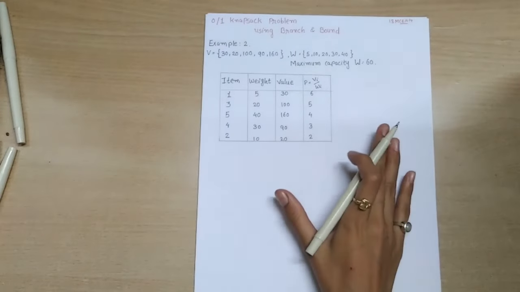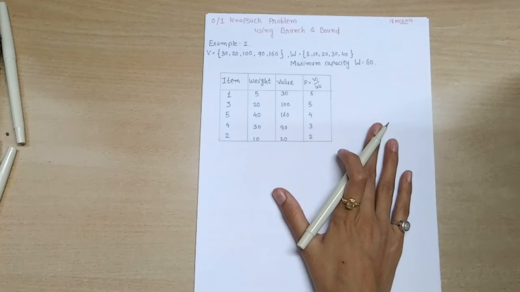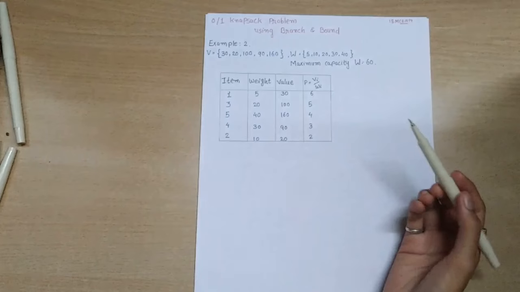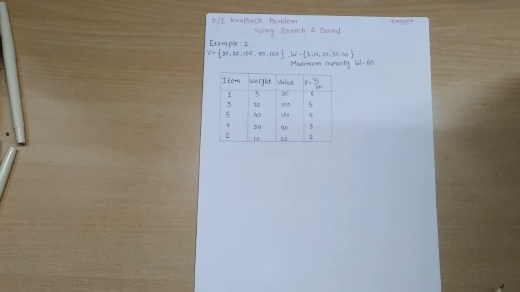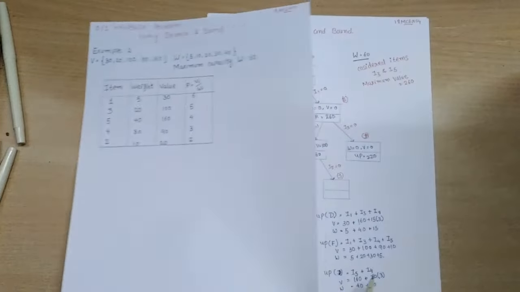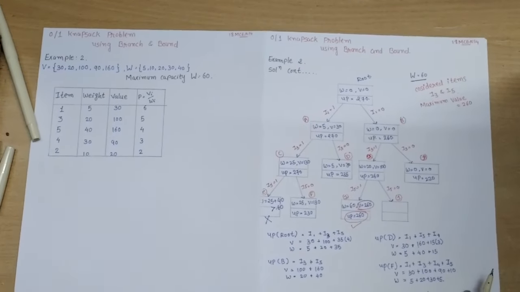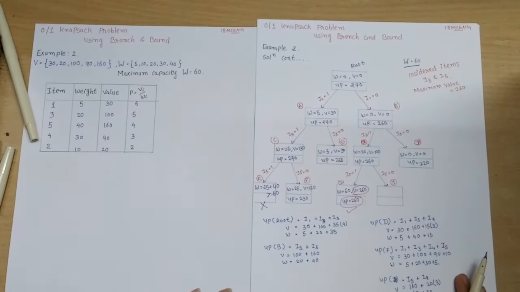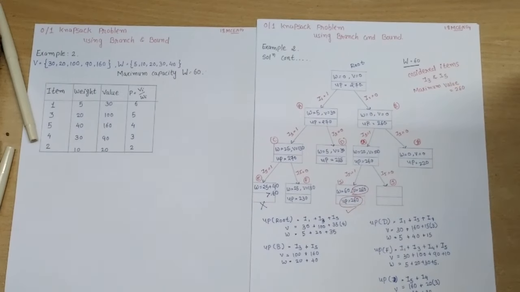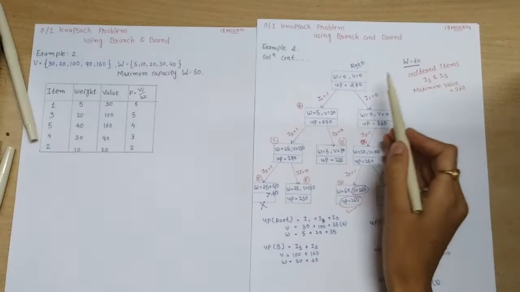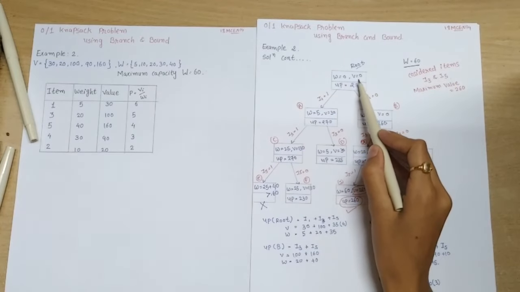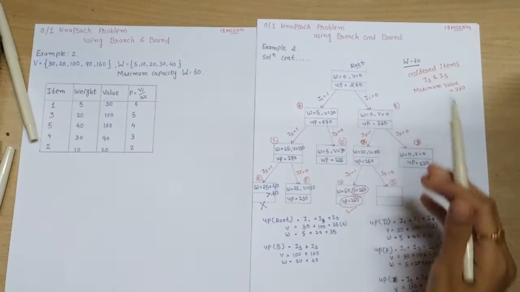So here we have already calculated that ratio and arranged the items according to the decreasing order of the ratio. Now let's take the solution. We have to create initially a root node having weight 0 and value 0.